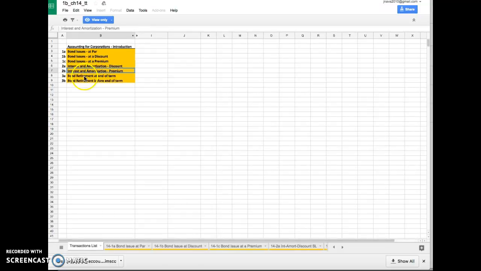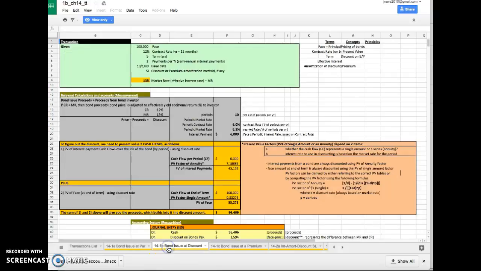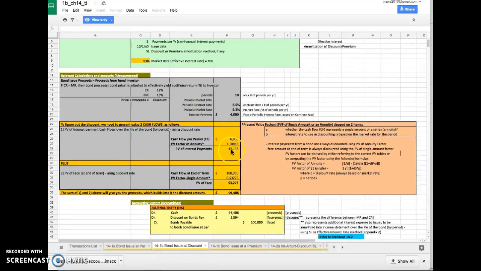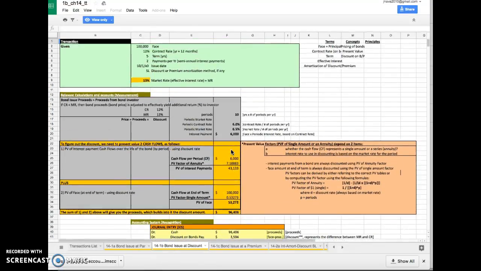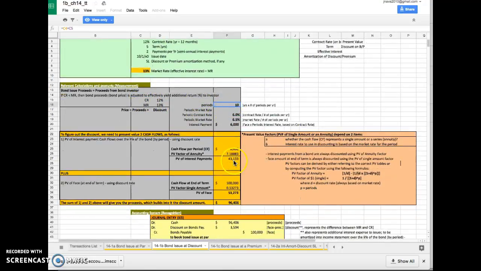Same with premium. You also have a retirement entry here at the end of the term, and one for retiring a bond before the end of the term. And so you go down here and you look at each of these separately. Now, note that in this case, I do detail exactly how the number is derived.